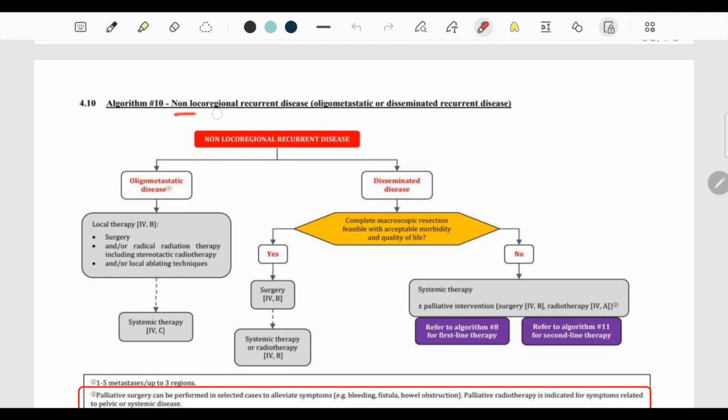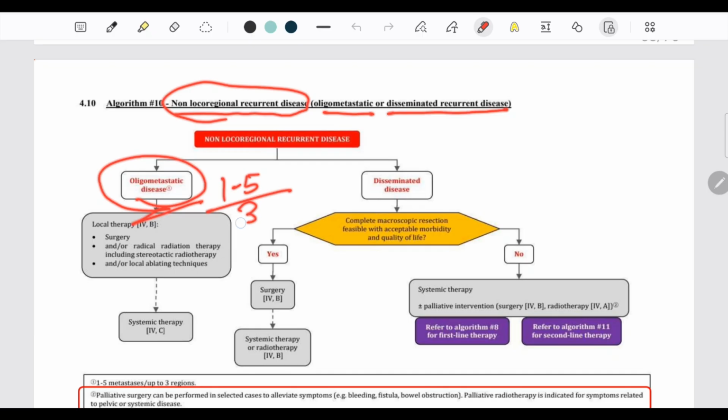Then comes the non-locoregional recurrent disease, that is oligometastatic disease or disseminated recurrent disease. Oligometastatic disease is defined as 1 to 5 metastases up to 3 regions. In oligometastatic disease, local therapy is preferred, that is surgery and or radiation therapy including stereotactic radiotherapy or local ablating techniques, followed by systemic therapy.